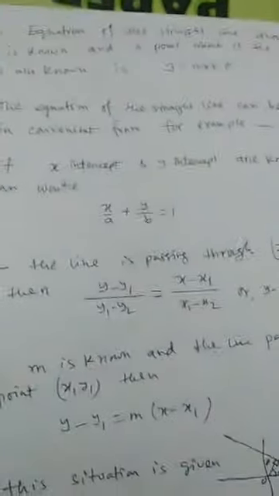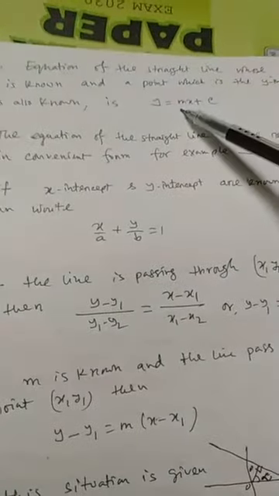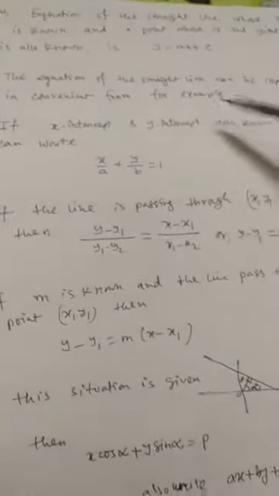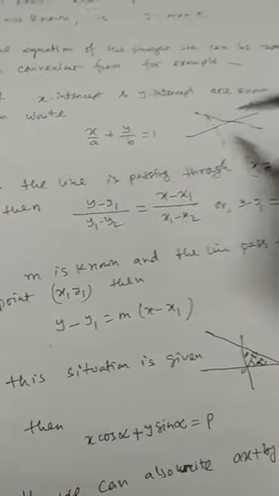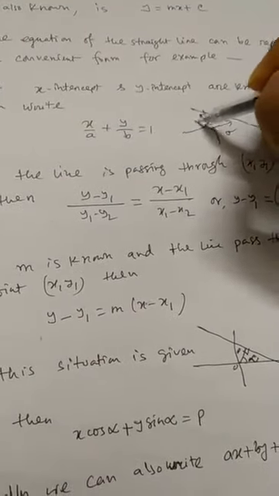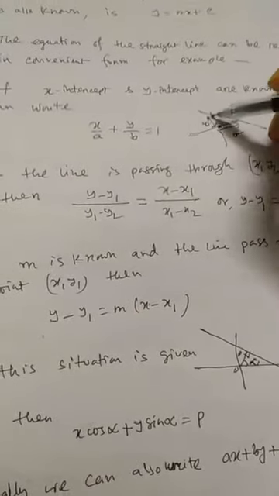But we can convert this straight line into other forms in our convenient way. How? Say, this is the straight line, this part is your A and this part is your B. This part is known and this part is known.